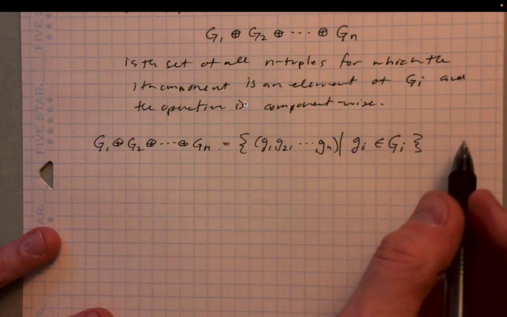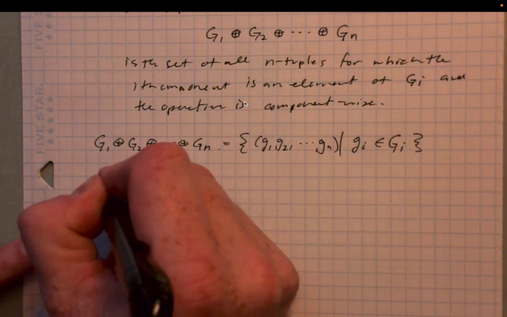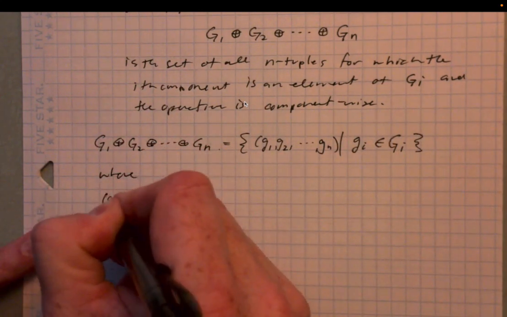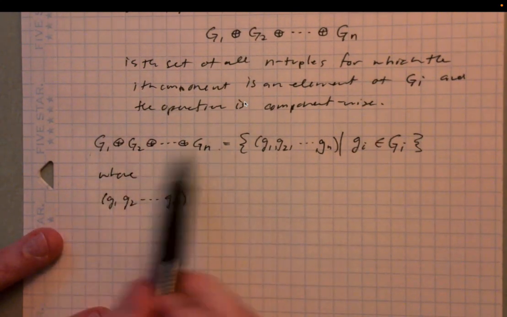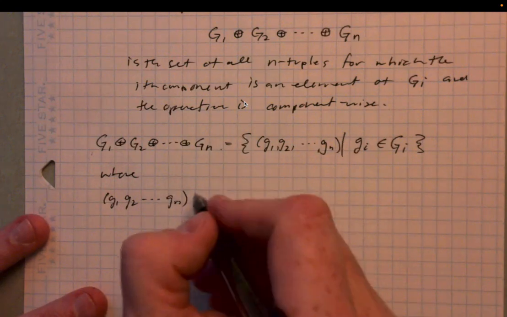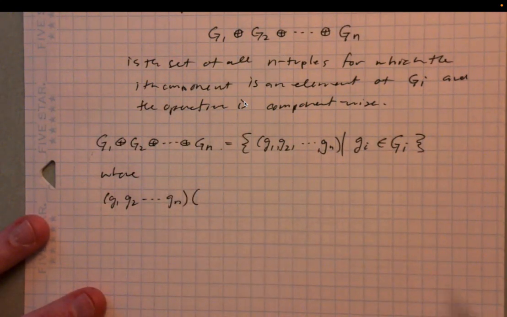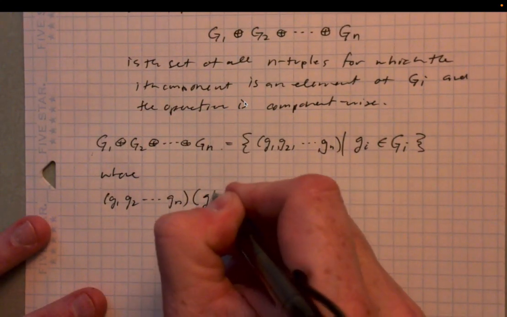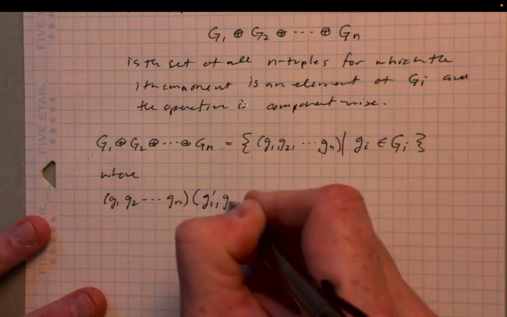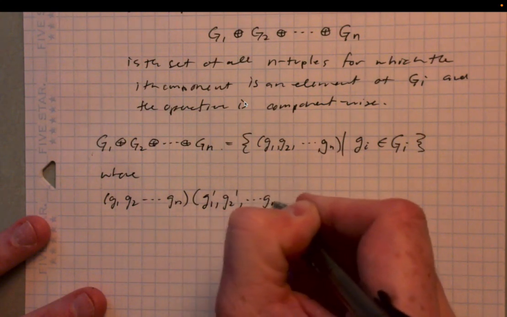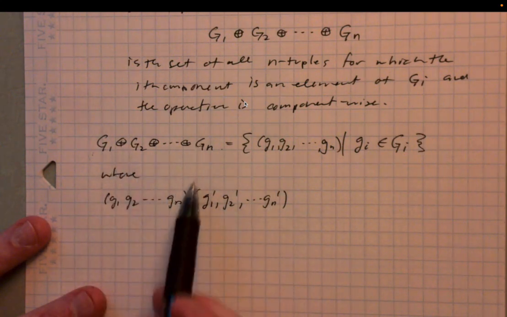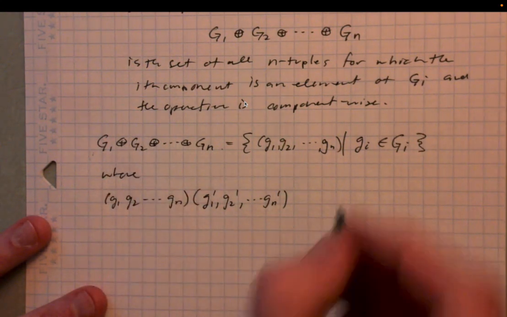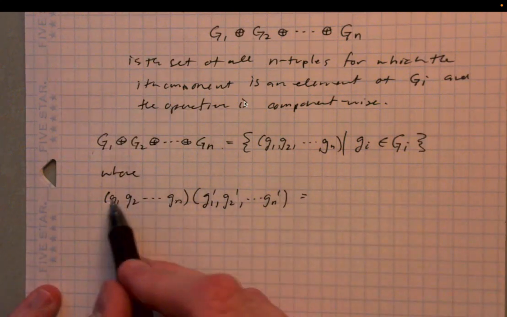So think about how we would combine elements. If I have (g1, g2, ..., gn), some element in this external direct product, and I want to multiply it by (g1', g2', ..., gn'), another element in this external direct product, then the multiplication works component-wise.